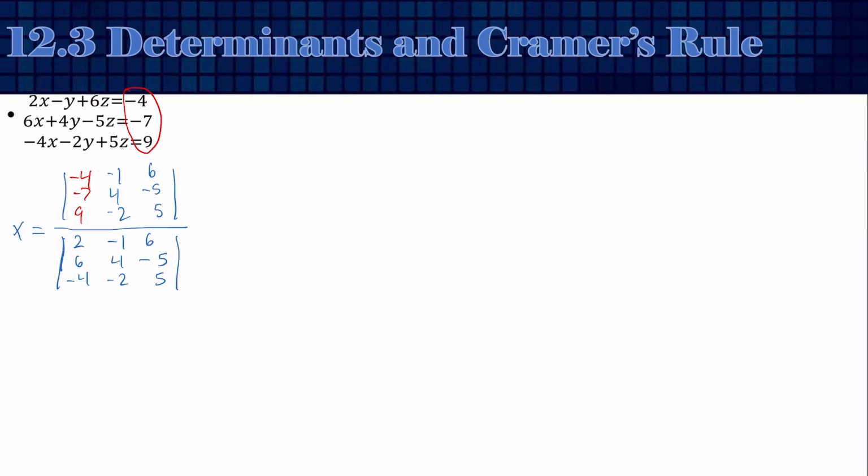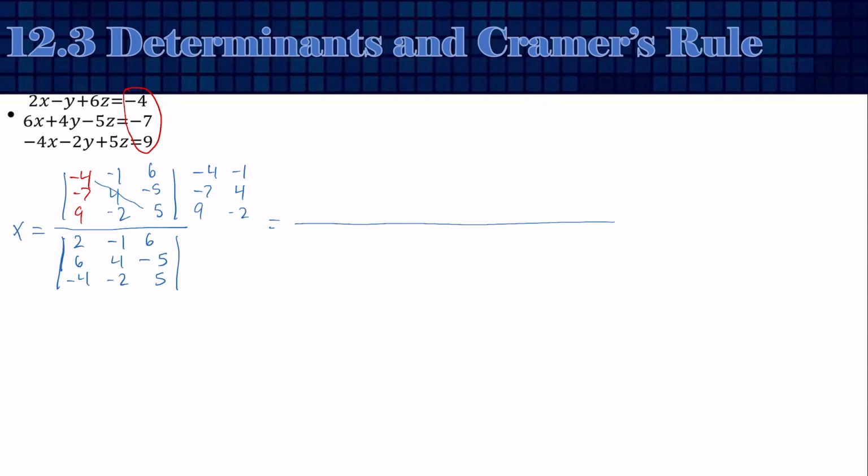Now we need to find these two determinants. Copy over the first two columns, and then multiply.